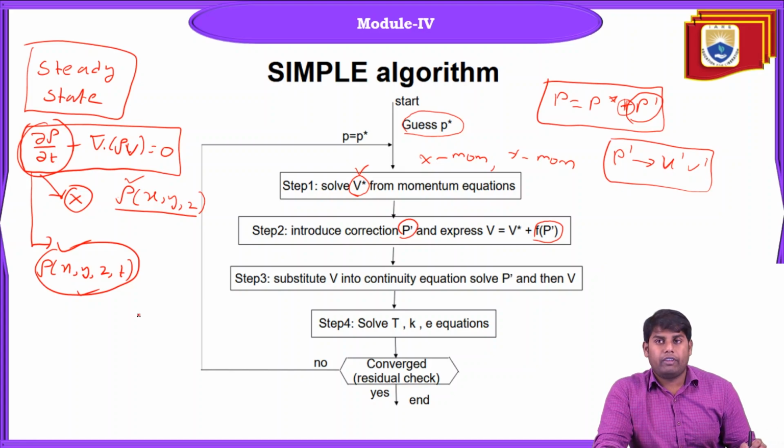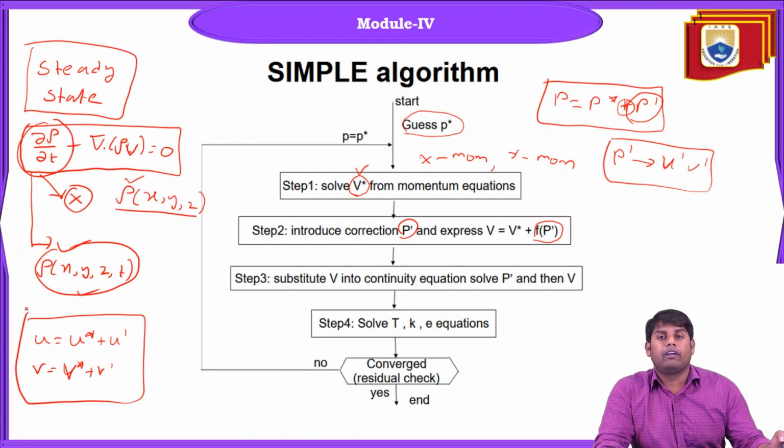Therefore U is equal to U star plus U dash, and V is equal to V star plus V dash. Whatever actual values of P, U, V we get, finally we will substitute in the continuity equation, and then we will use it for the temperature equation, turbulent kinetic energy, and the internal energy equation.